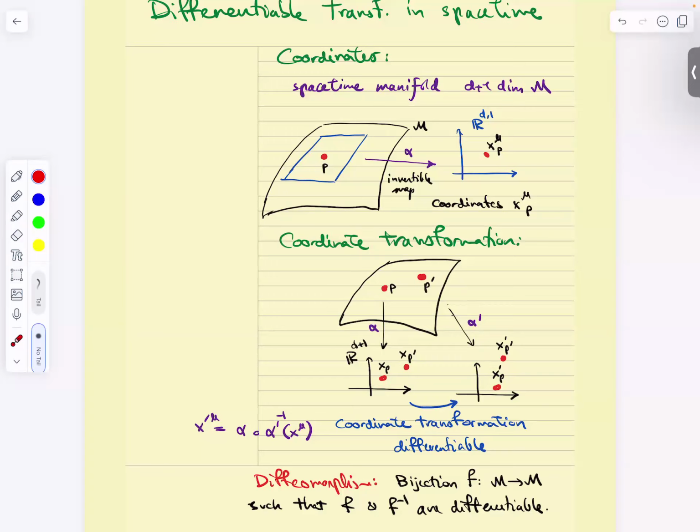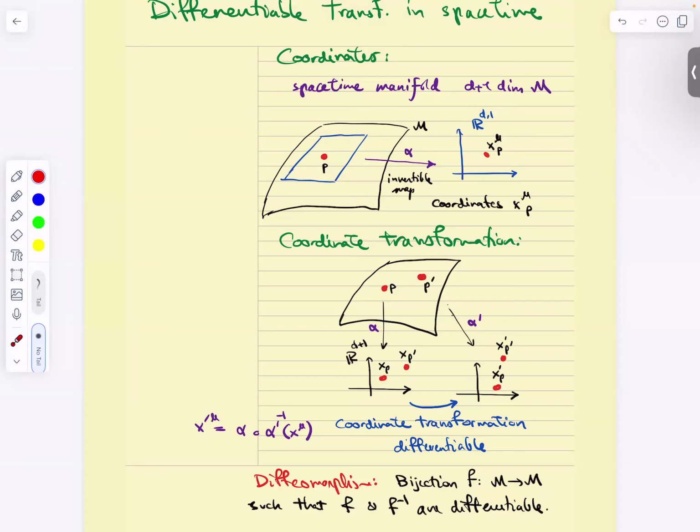Let's make sure this works, because my next point will not work if this is not clear. Here, all I'm doing is picking two different coordinate systems. It's called a diffeomorphism if these functions are differentiable.